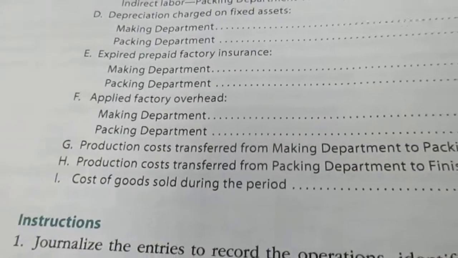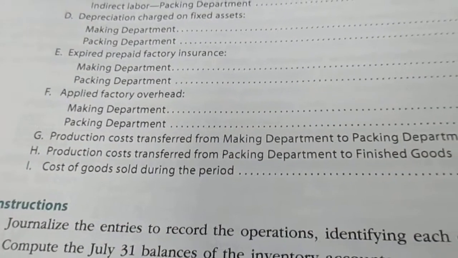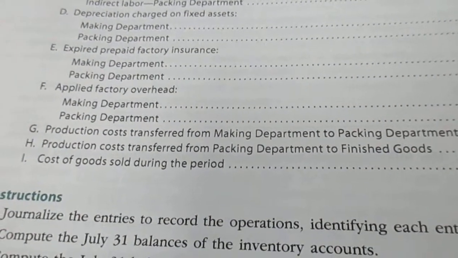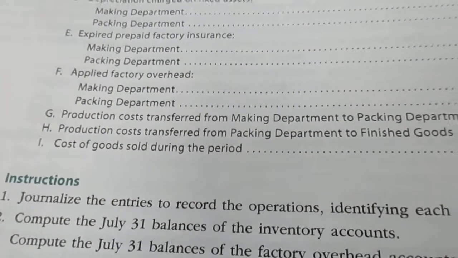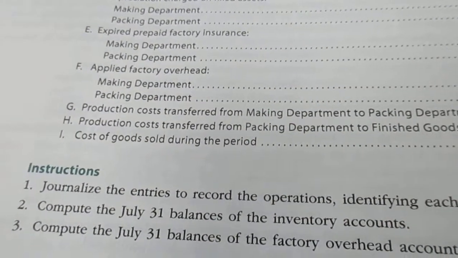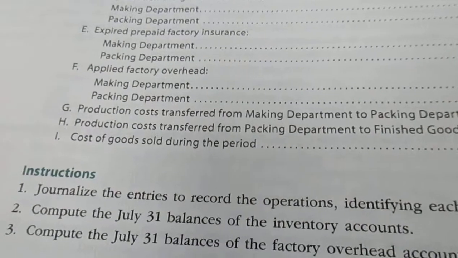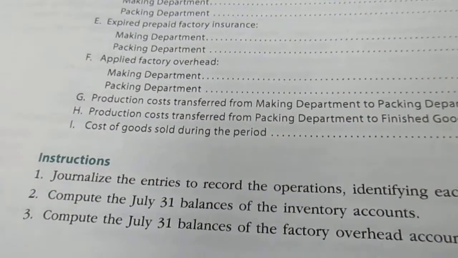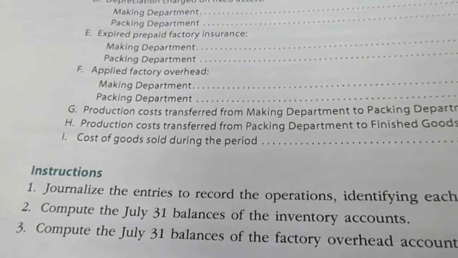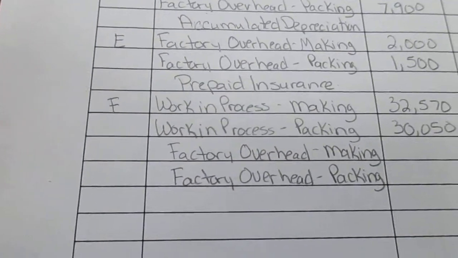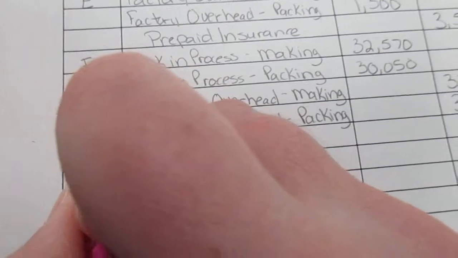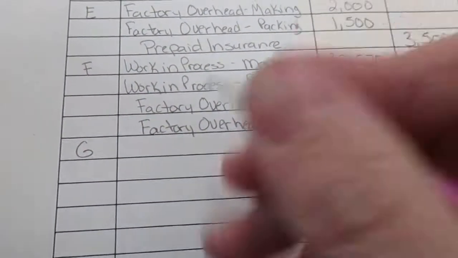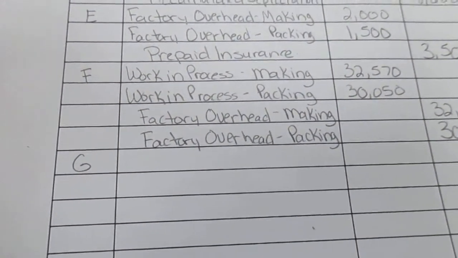Okay, letter G, production costs transferred from making department to packing department. So remember at the beginning of our problem, it said that they're going to make it in the making department. They're going to then move it to the packing department. So that's what letter G is talking about. It's just that movement from one spot to the other. Okay. So we're taking whatever's in our work in process in making and moving it into packing.